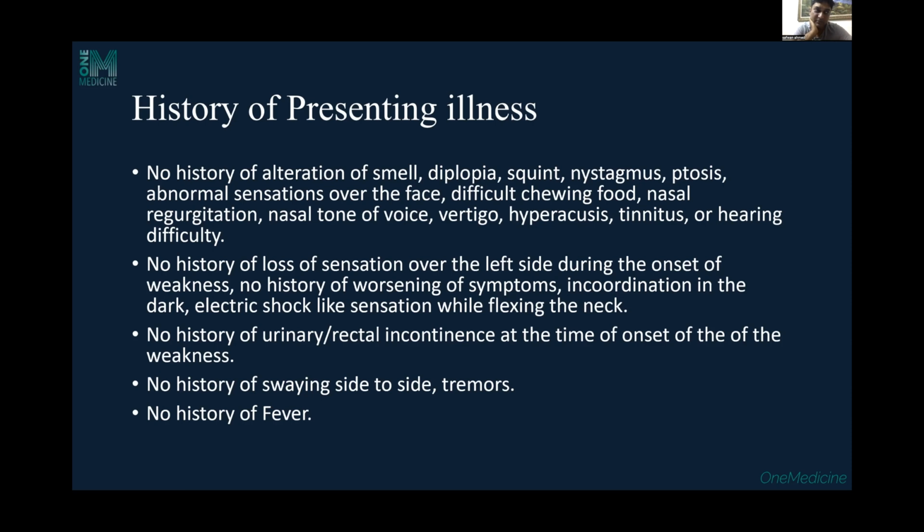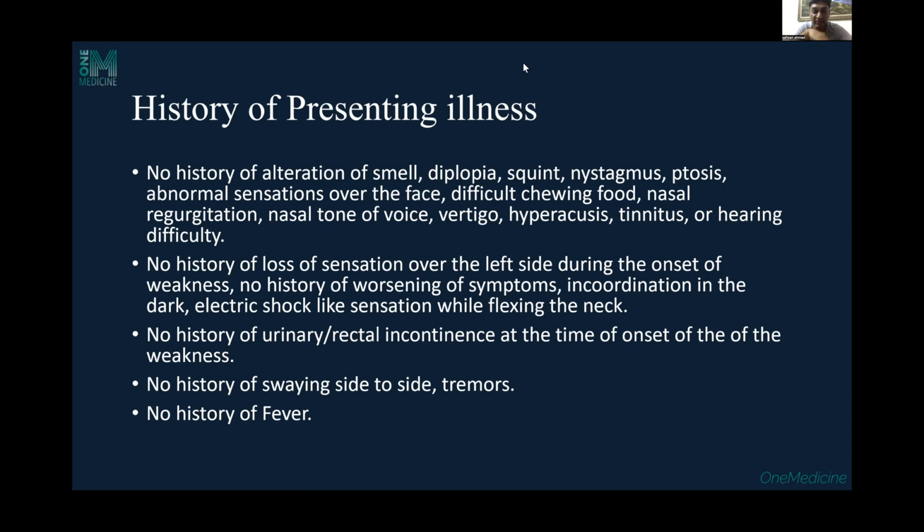Yes, sir, for vertigo. Vertigo, for ataxia, vestibular ataxia. Yes, sir. In the case of stroke, which type of stroke will have side to side swaying? Cerebellar stroke, no? Yes, sir. Cerebellar stroke can have swaying to either side.